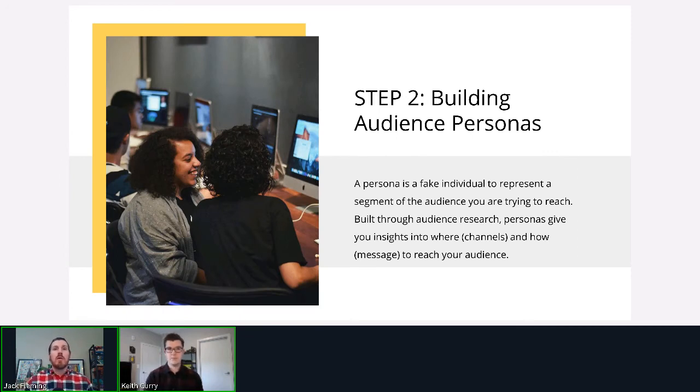So once you've got that big goal set, we move on to step 2, and this is where I'm going to spend more of my time: building an audience persona. So what is a persona to start with? A persona is a fake individual. You're creating an impression of a segment of your audience that you want to reach, and conducting user research to fill in where that person is living, what their interests are, other demographic information, and what digital and traditional media channels they use to consume or communicate information.